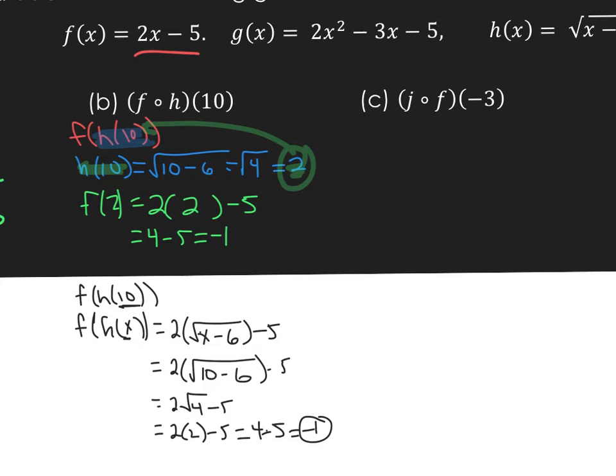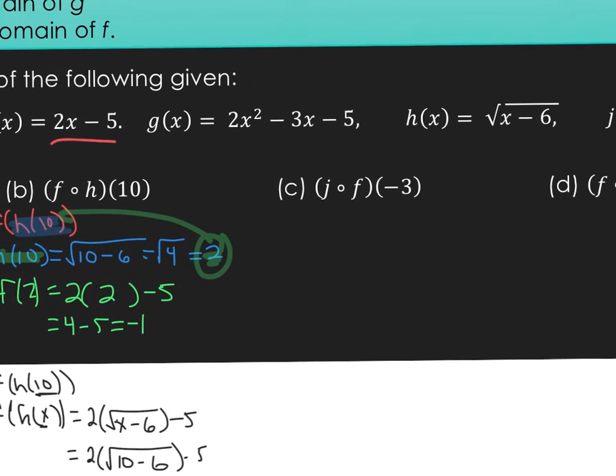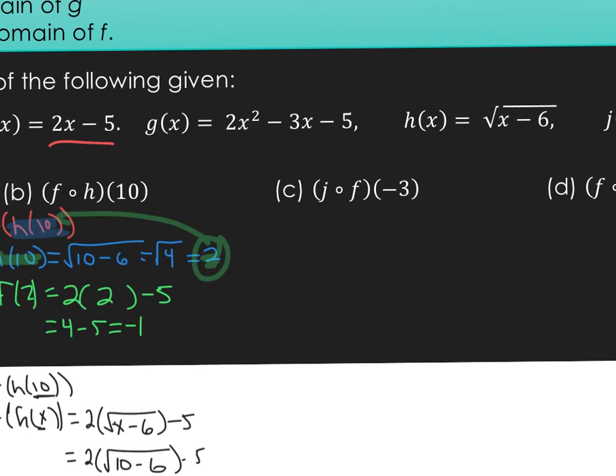Let's look at another one. We're going to take j of f of negative 3. The first thing I would do is find f of negative 3. So we will write our f function without the x and then replace it with a negative 3. Negative 6 minus 5 is negative 11.